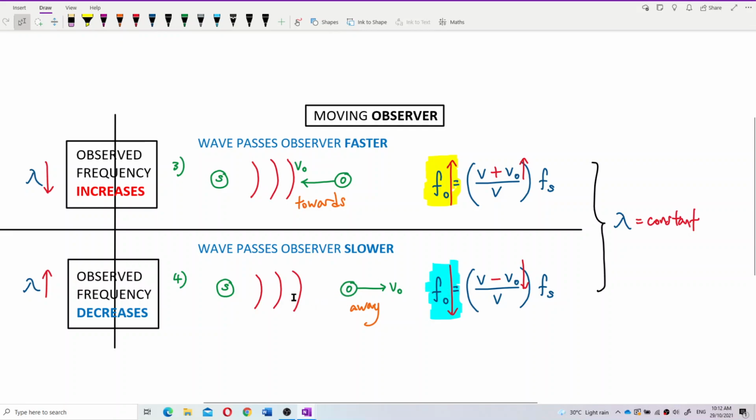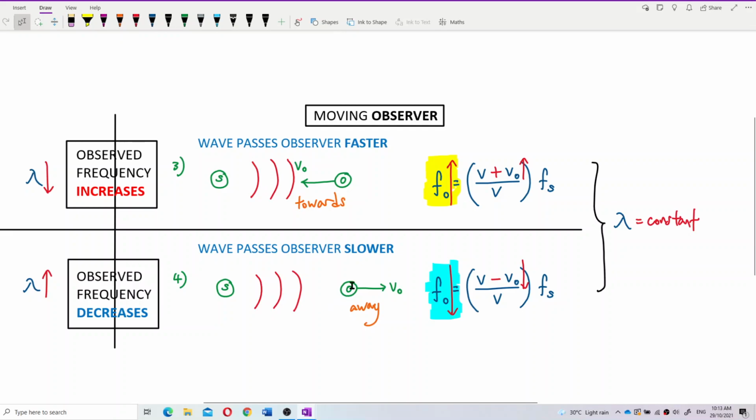So if the observer is moving in the same direction as the sound wave, it's like the sound wave is trying to catch the observer. So the wave passes through the observer slower because the observer is moving away from the sound wave.